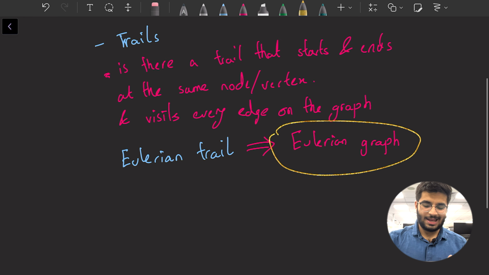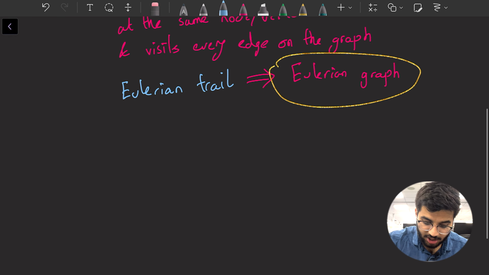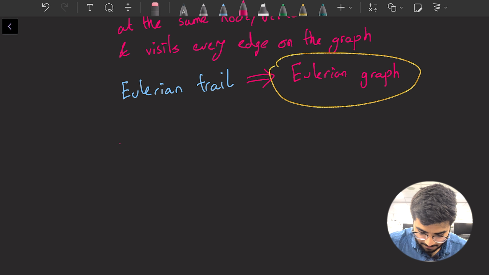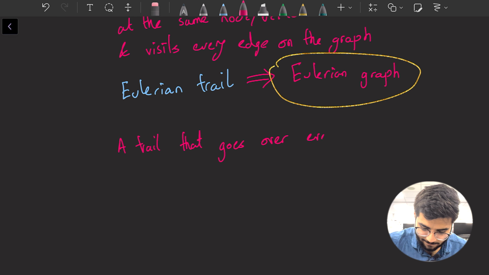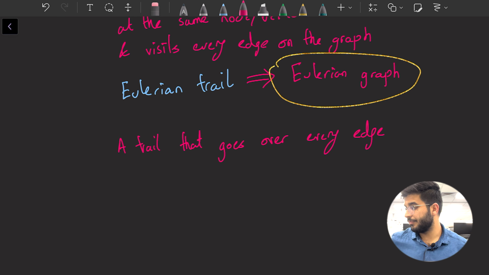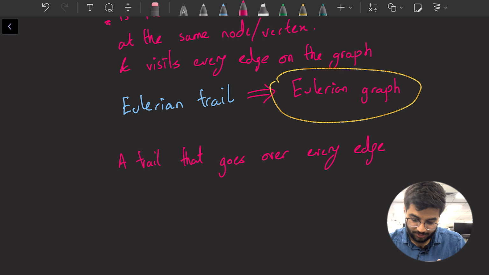Now, imagine the case where you don't have an Eulerian trail. What you may have is a trail that goes over every edge, and just a reminder that it needs to be every edge exactly once, because otherwise it wouldn't be a trail.